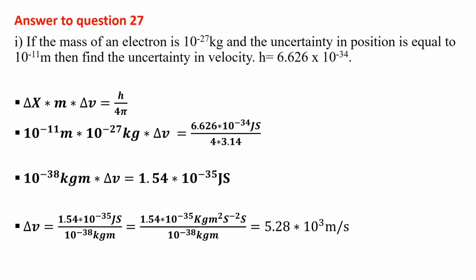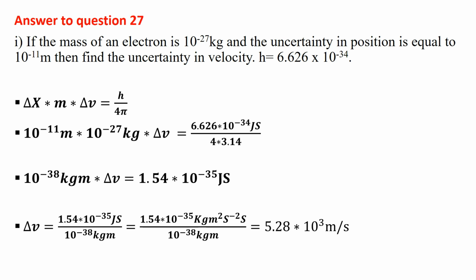Here we need to use the equation for uncertainty, where we have the uncertainty in position times the mass times the uncertainty in velocity, which is equal to h over 4π. We have the mass, which is equal to 10 power negative 27 kilogram.